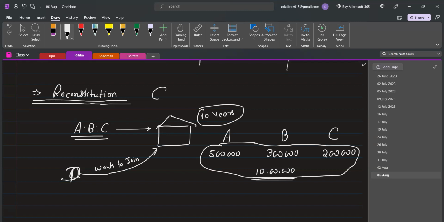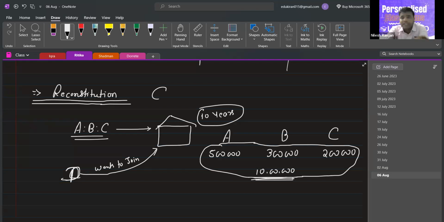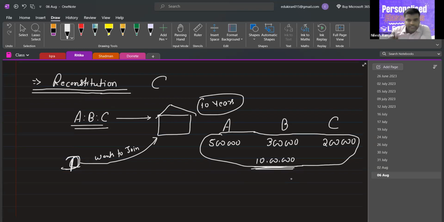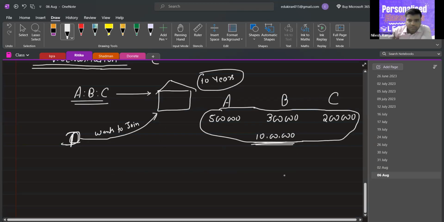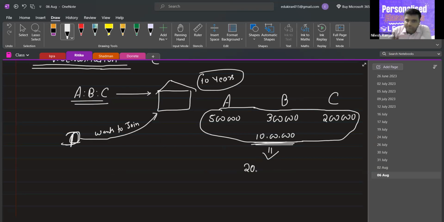It will increase. Generally, it will increase, because if you have invested 10 lakh, after 10 years it will not be the same, not only 10 lakh. So let's say after 10 years it becomes 20 lakh. The total assets of the firm is now equal to 20 lakh.